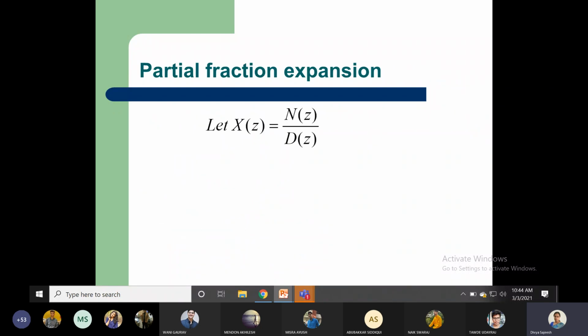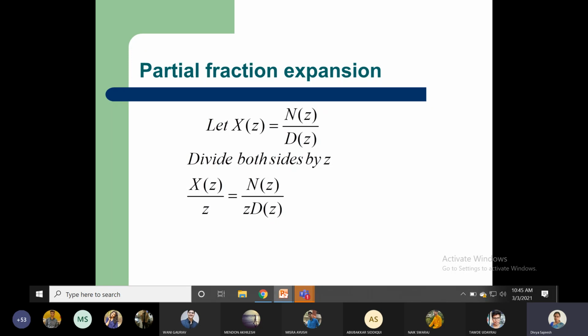Now x of z is represented as a rational function, n of z by d of z, which contains a numerator and a denominator in terms of z. What you have to do first is divide both sides of the equation by z. If you divide by z on both sides, you will get x of z by z on the left hand side.